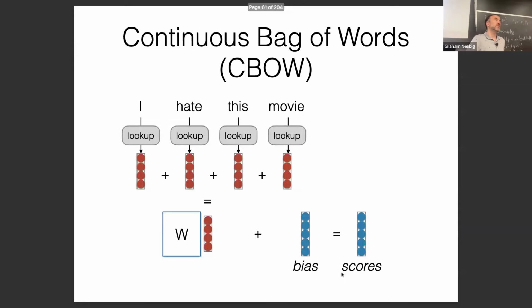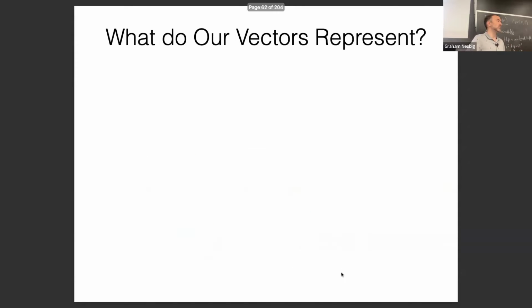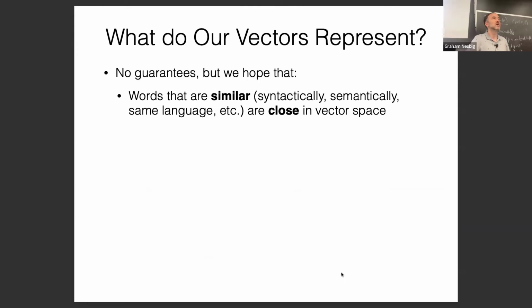If we think about this, what do the word vectors represent? Basically, we don't really have any guarantee about what they represent. They can represent whatever they are learned to represent. But in general, words that are similar in some way are close in vector space. A lot of people say this is, quote unquote, semantic similarity between words.